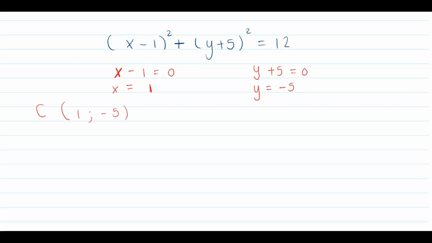Therefore our r is going to be equal to the square root of 12, which we'll just leave in its surd form. Okay, so we'll leave the radius in surd form. Right, so we've already calculated our center for our circle, and we've also calculated the radius.